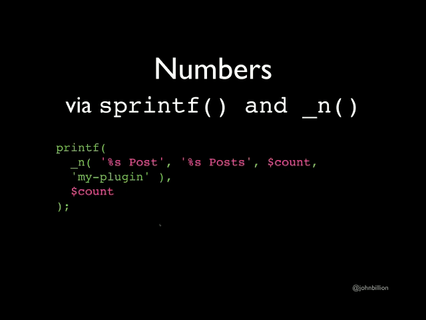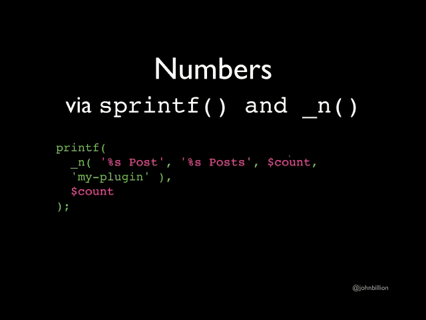Again, we use the sprintf function in PHP, but WordPress provides this handy function called _n. Now, what this function does is it looks a little bit like the double underscore function, except it takes two strings as the first two parameters. The first parameter is the singular form of the phrase, and the second parameter is the plural form of the phrase.